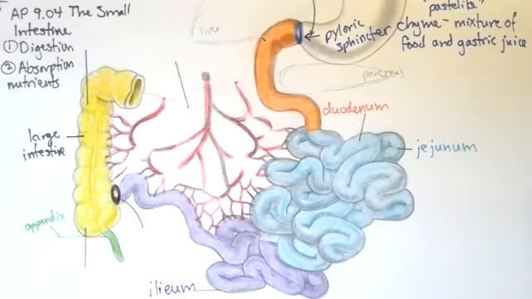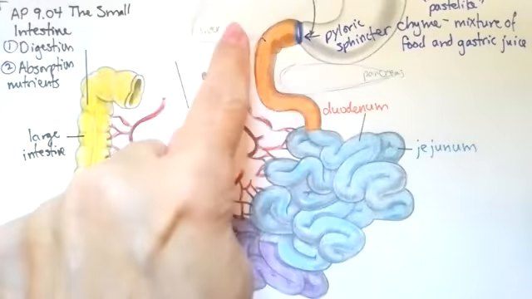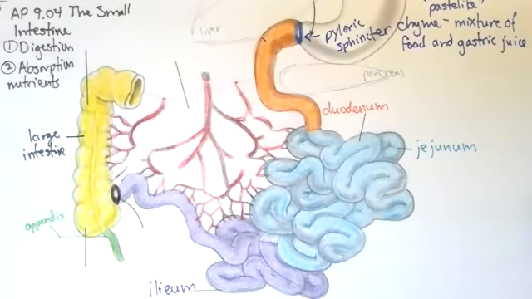But what I want to talk about is how we're feeding things into the duodenum. We did amylase in the mouth for carbs. We had pepsin in the stomach, along with some various other enzymes that I didn't necessarily talk about. But we haven't started digesting fats yet. So what's going on? We need fats.